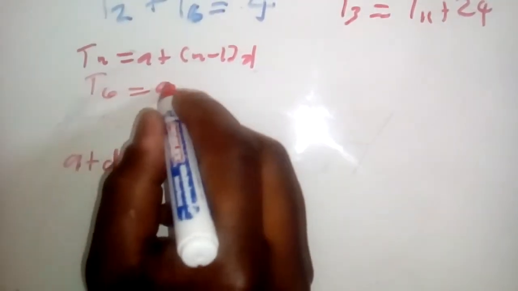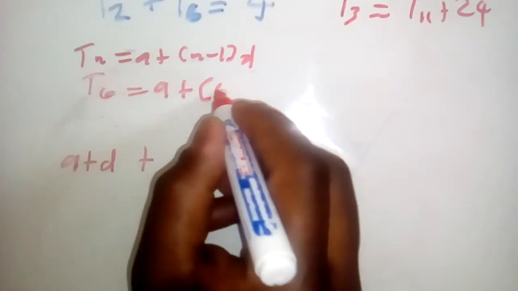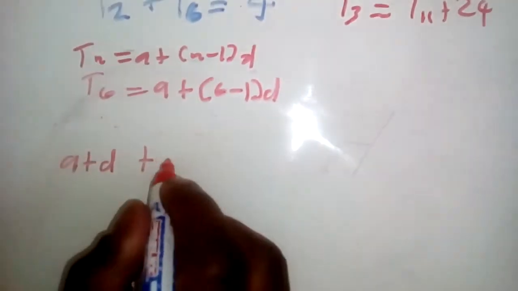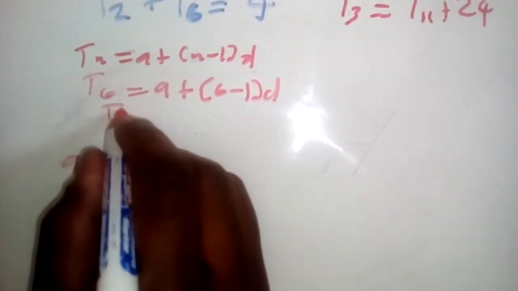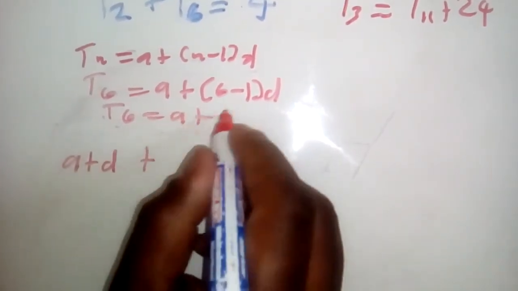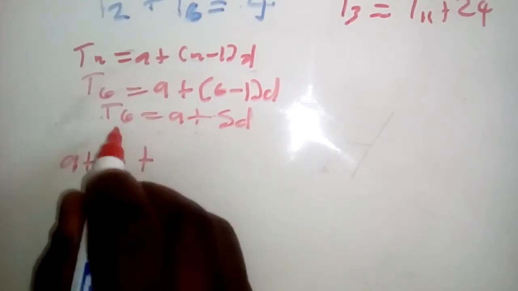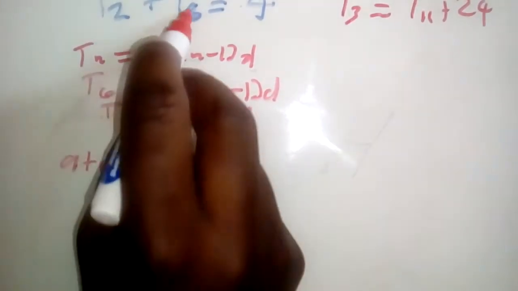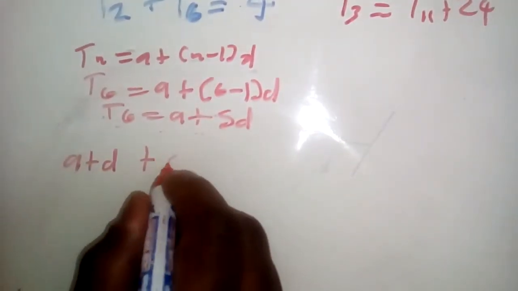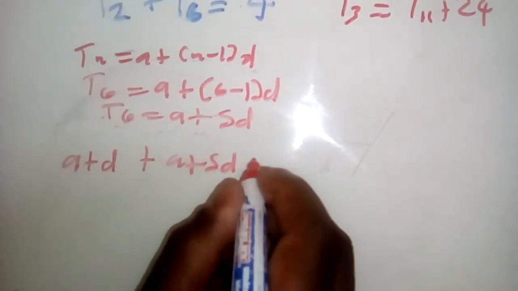T6 is equal to a plus (6 minus 1)d, and 6 minus 1 is 5, so T6 is equal to a plus 5d. In place of T6, I will put a plus 5d, then equals 4.